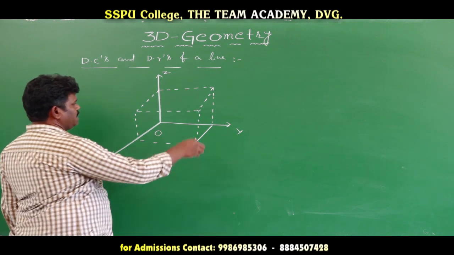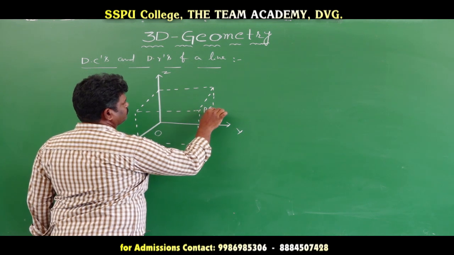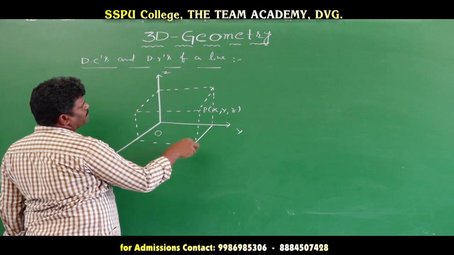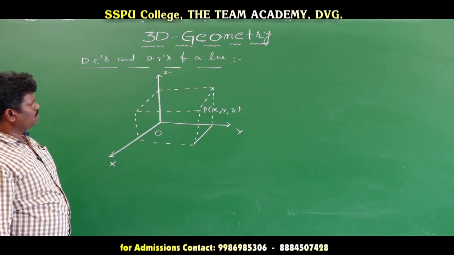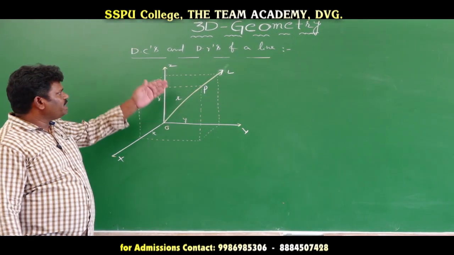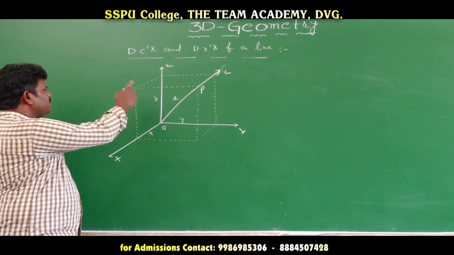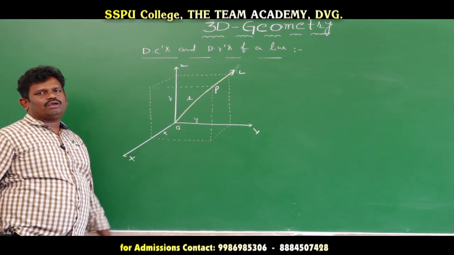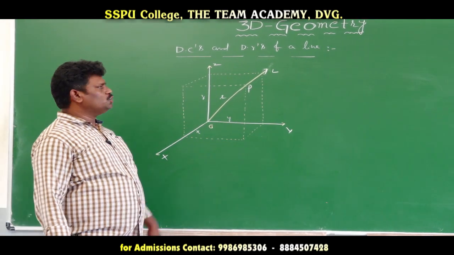Here we take a point P with coordinates x, y, z. Now we join this. So we take a rectangular coordinate system, and on it we draw a cuboid.